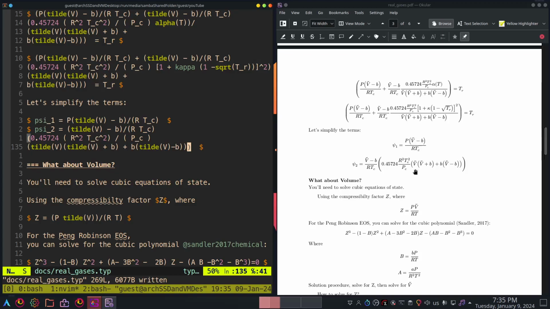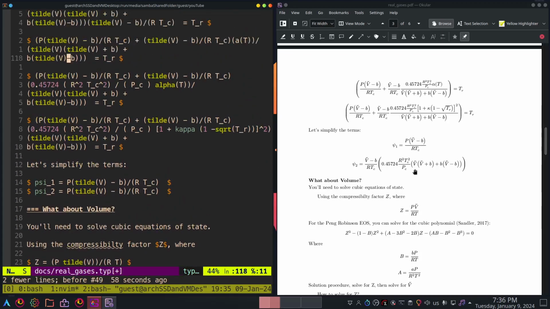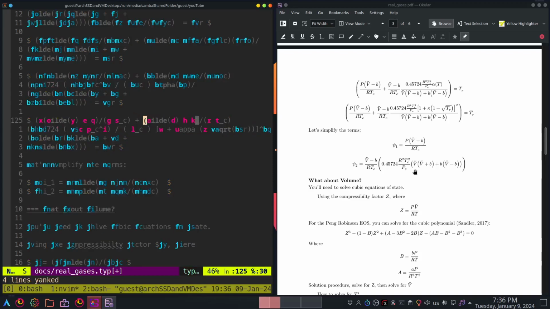This should go to the bottom as well. No, that's wrong. I have to restart. I'm going to do to the last bracket.